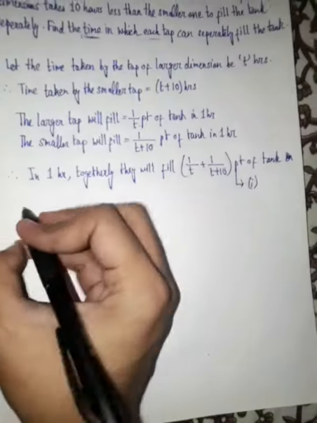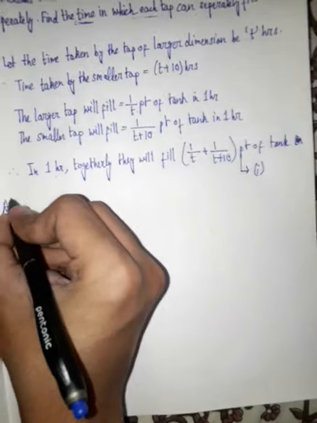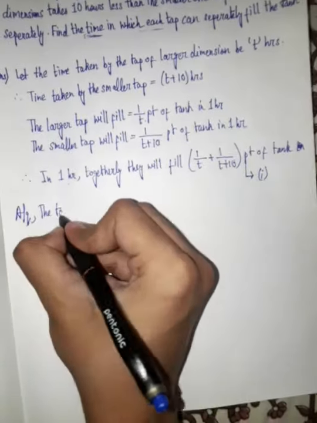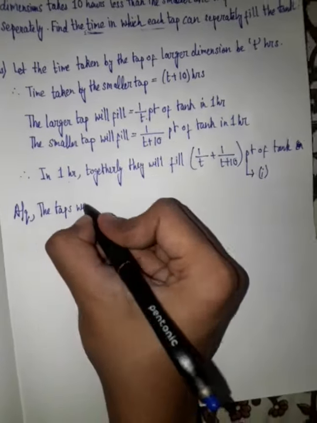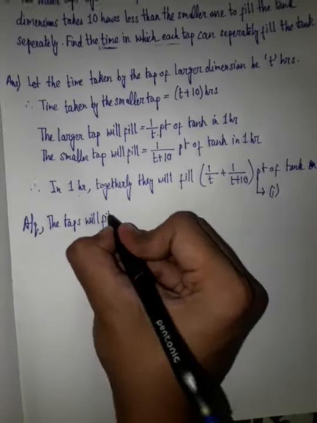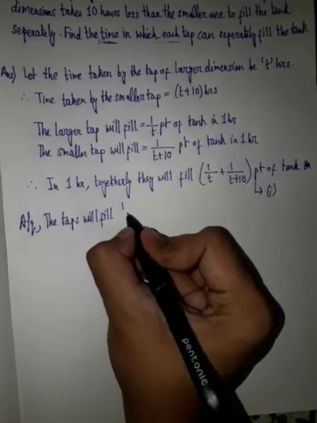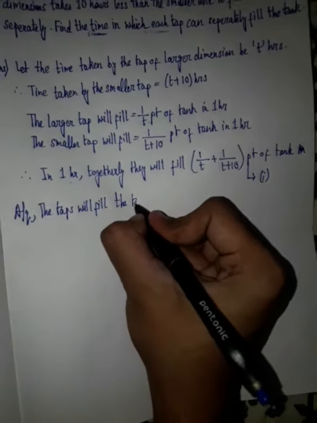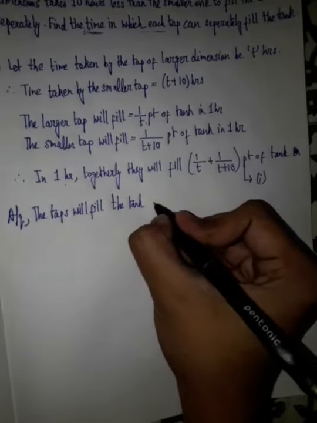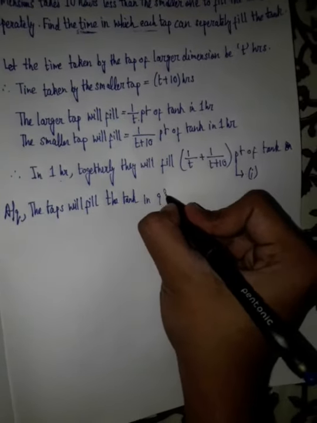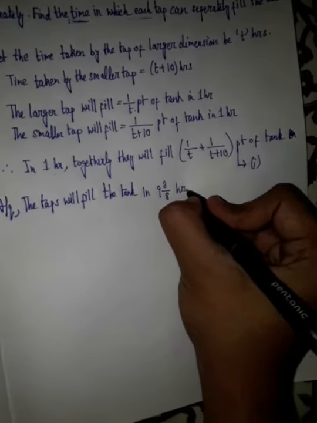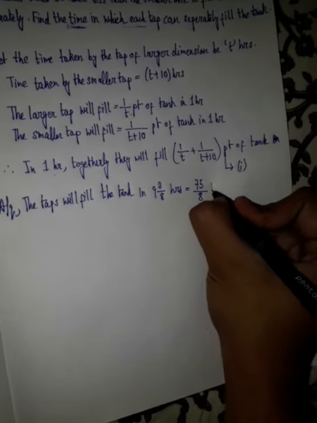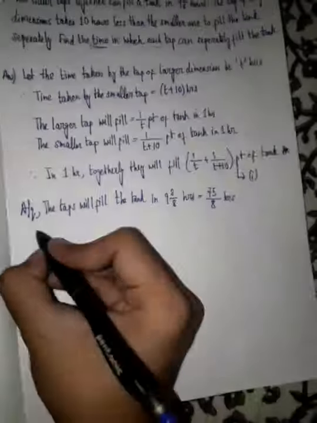So according to the question, the taps will fill the tank in 9 3/8 hours, which we can write as 75 by 8 hours.